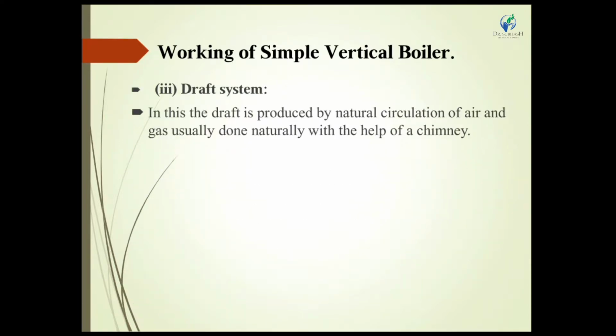The next is the draft system. The draft is provided by natural circulation of air and gas, usually done naturally with the help of a chimney. What is draft? Draft means that we have to move gases or any type of fly ash and smoke gases from one place to another place.